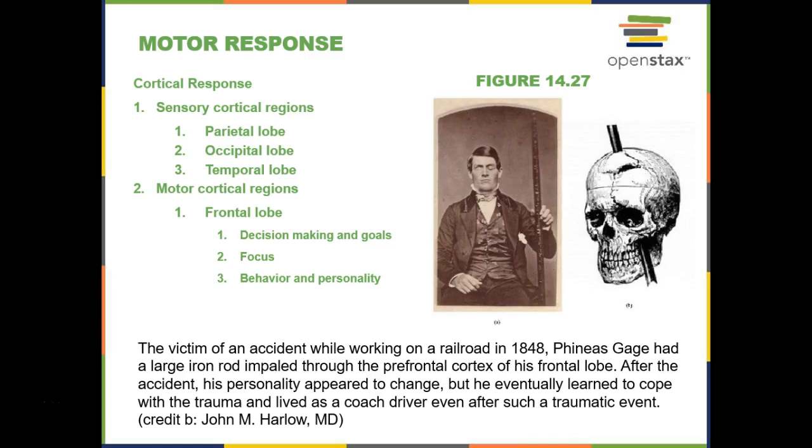And we already knew this, or if you didn't know this, now you do: when one region of the brain becomes damaged, another region can sometimes take over when it's in the cerebral cortex.